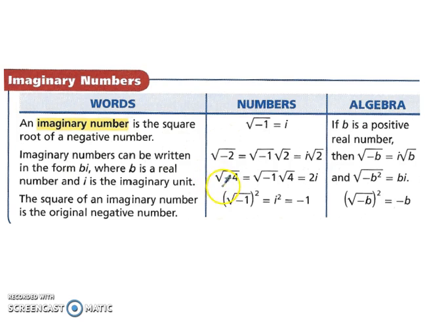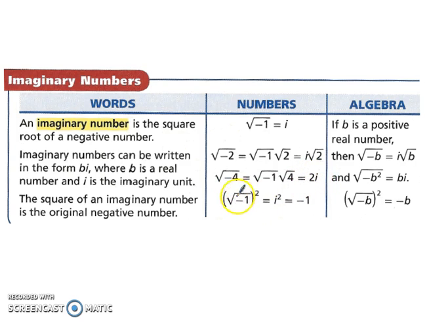What if you had the square root of -4? Once again, break it down so that the negative is no longer there. You'll have the square root of -1, and then the square root of 4. Something a little bit easier to deal with. The square root of -1 is i, and the square root of 4 is 2, so 2i.